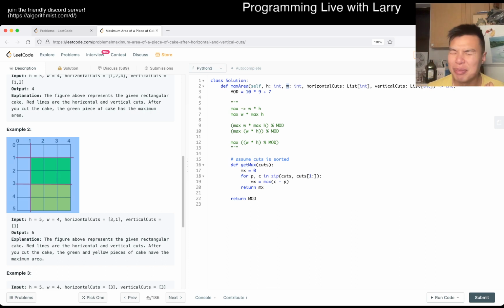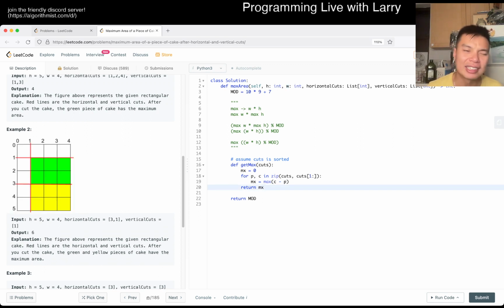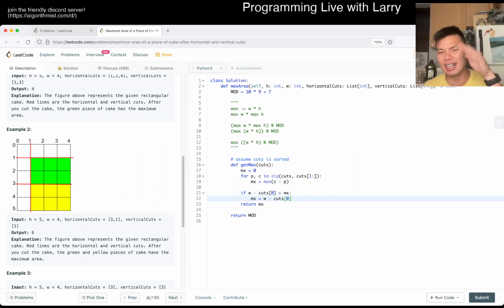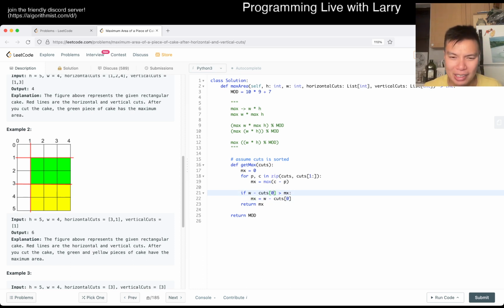And I maybe gave away the game a little bit, but that's basically how I would do it. One other thing that you could have done is something like, if width minus cuts of 0 is greater than max, then update max, and then you have to do it for the other side as well. Oh, this is probably wrong actually, I think, but nonetheless, you can do that.